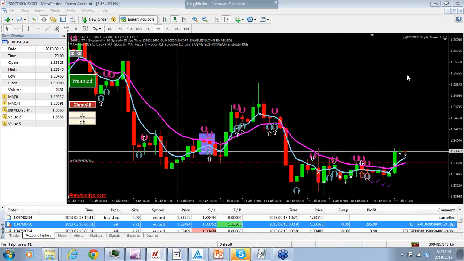All right, so we hit our first take profit. $133.64 was our entry. Price hit its first take profit, moved to break even, and now we're currently up 22 pips on the triple threat 3X.